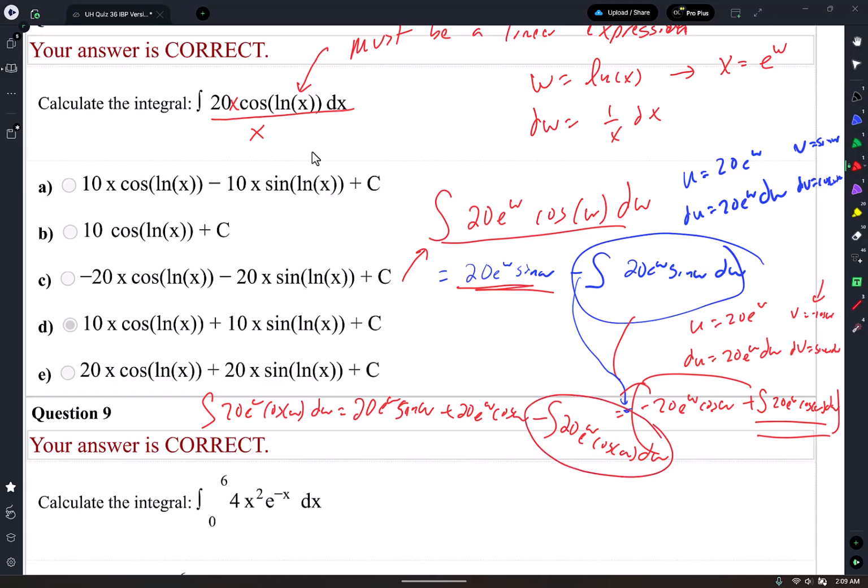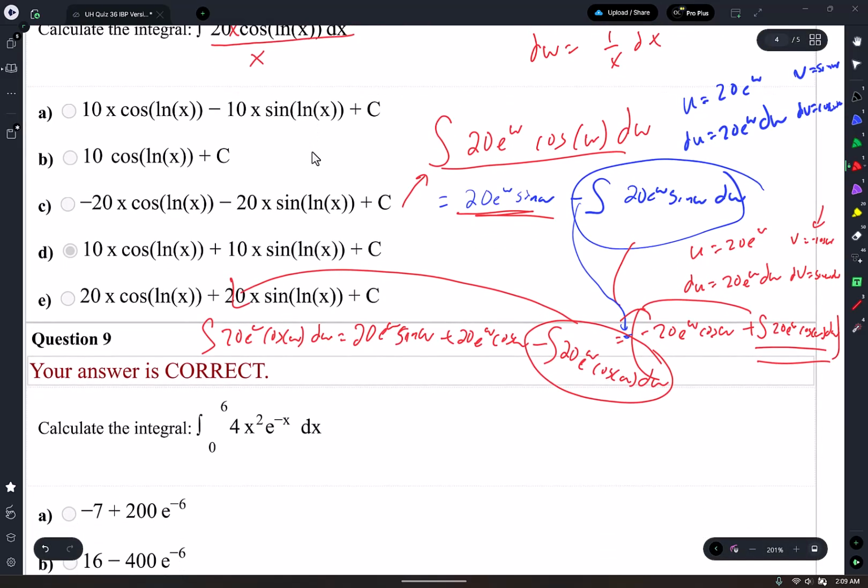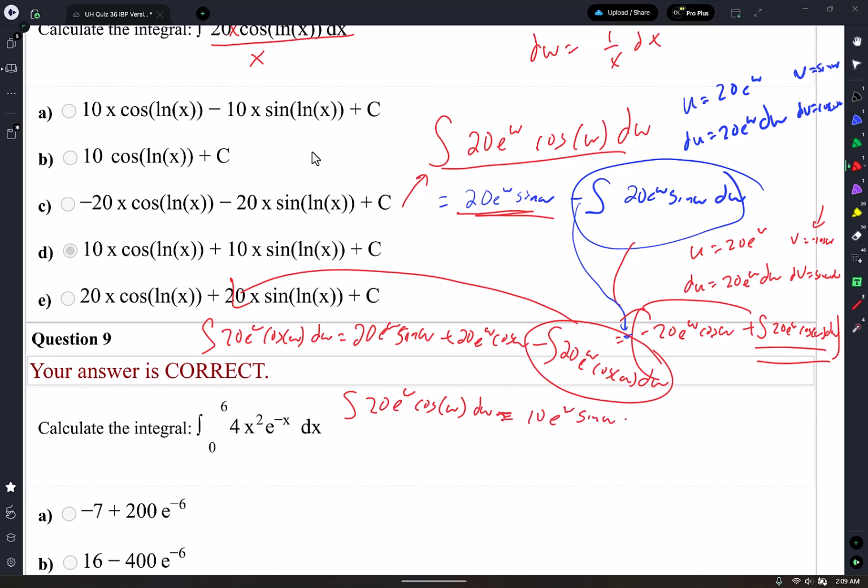And then again, just like last time, I'm going to move this to the left. So we're going to have two of them, and I'm going to multiply by half to get the integral by itself. So I'm going to have integral of 20 e to the w cosine w dw equals, then half of 20 is 10. So 10 e to the w sine w plus 10 e to the w cosine w plus c.